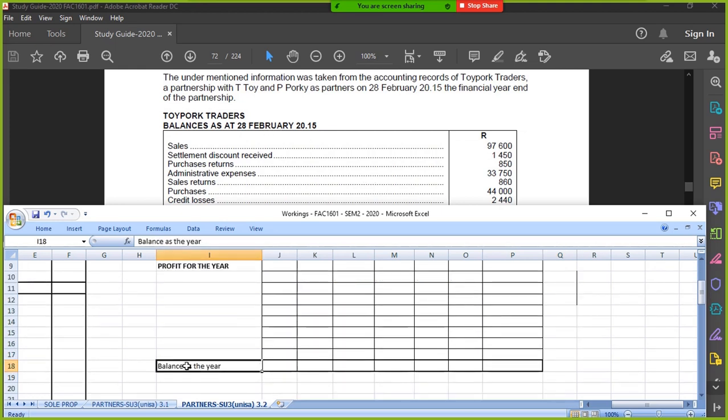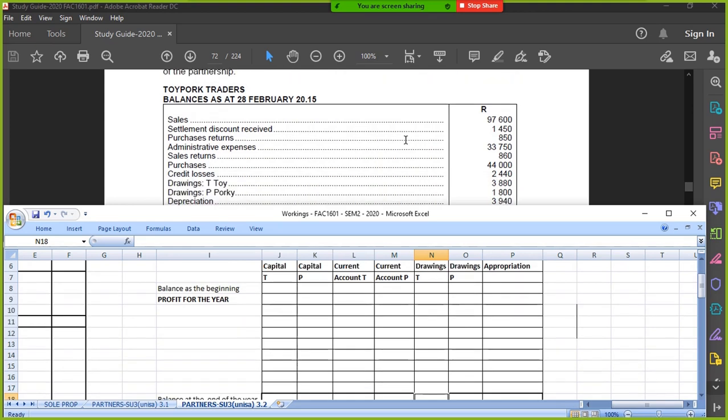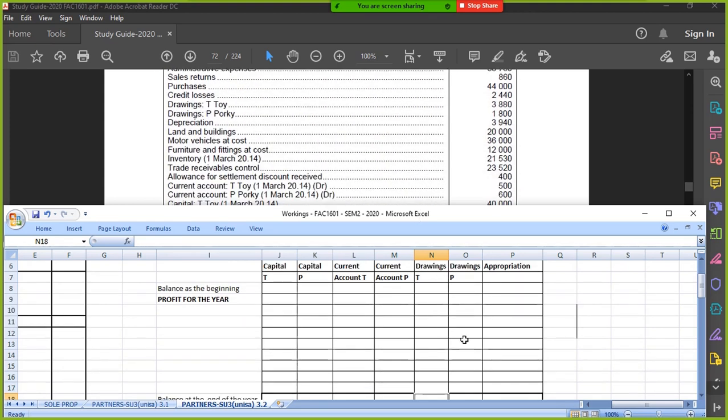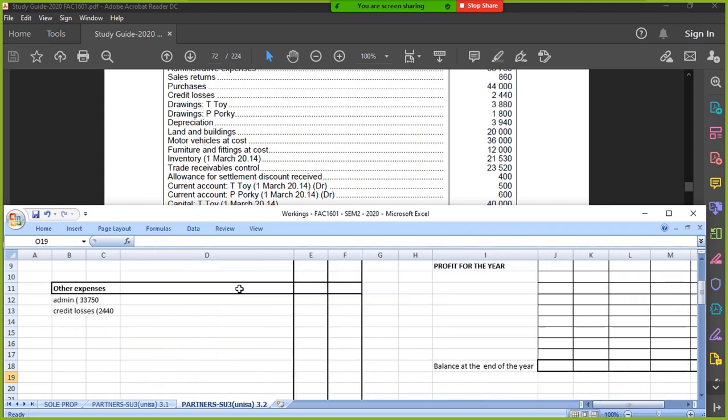So balance at the end of the year for drawings, it was 3,880 and 1,800. Okay, drawings.